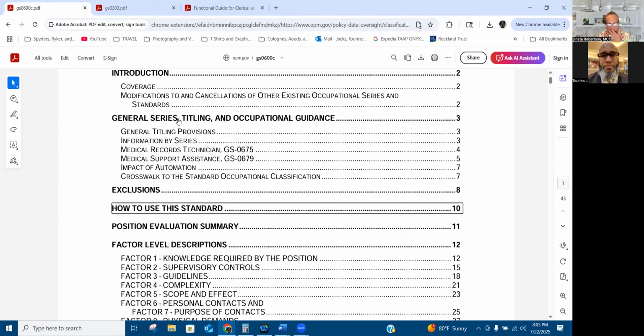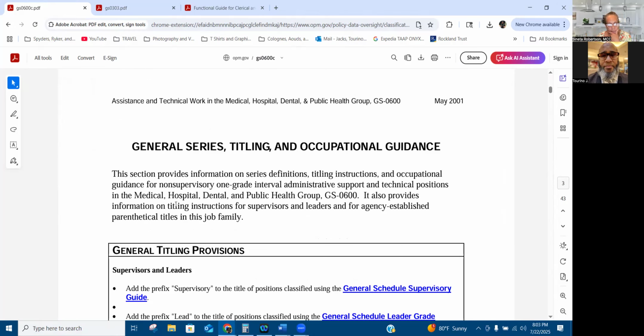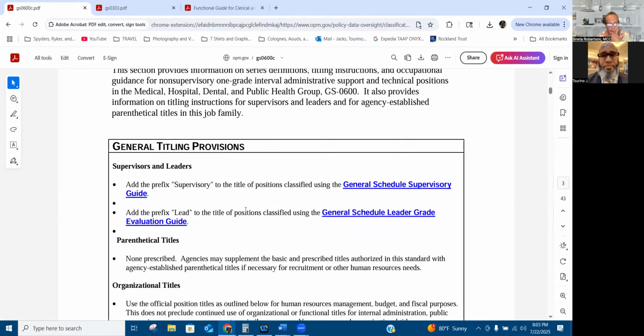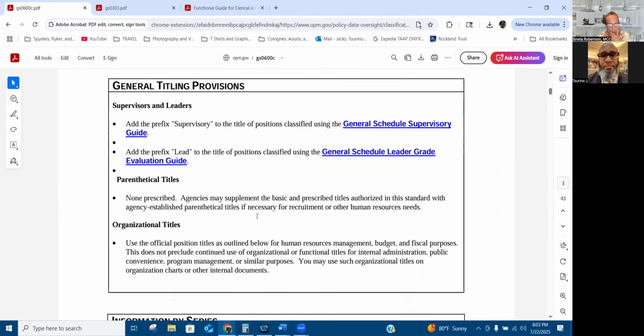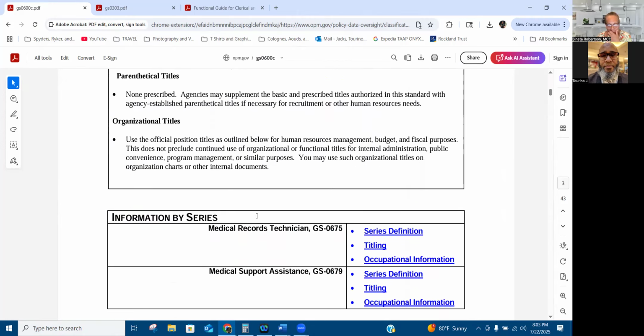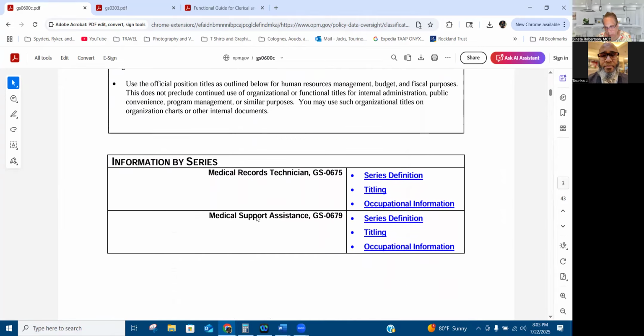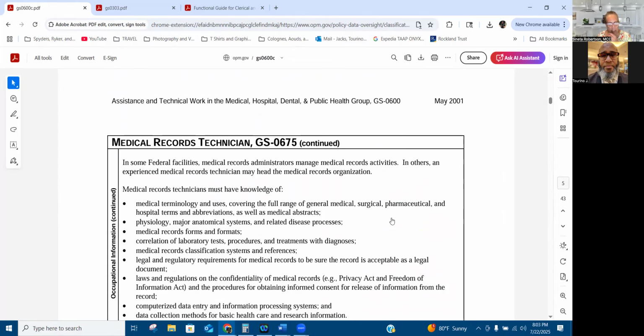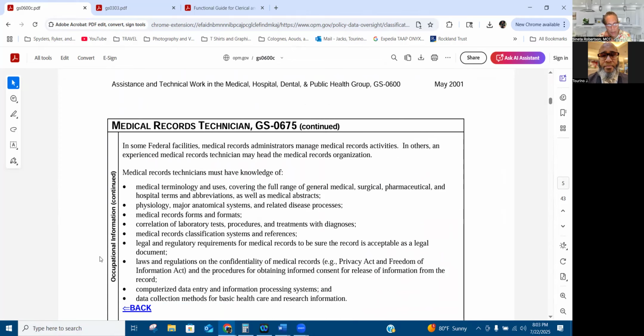And so you want to see in that occupational information what that medical support assistant does. That's the titling instructions. You want to go down to the occupational information. See, under medical support assistant, in the blue it says occupational information. The series definition and occupational information will give you what's specific about this series as opposed to a regular 303.